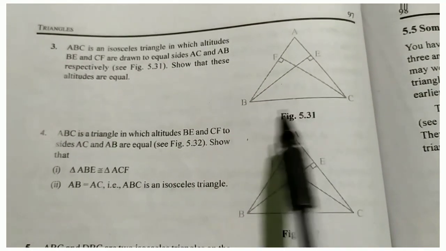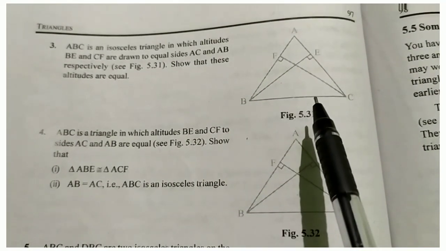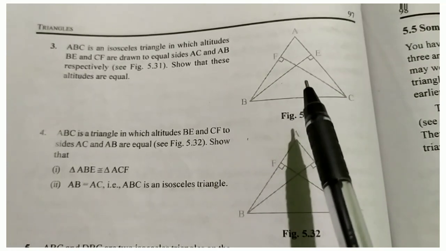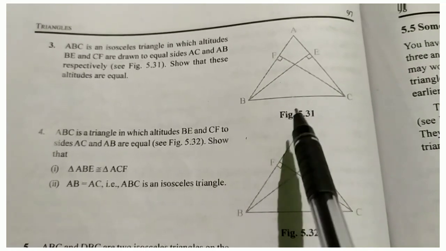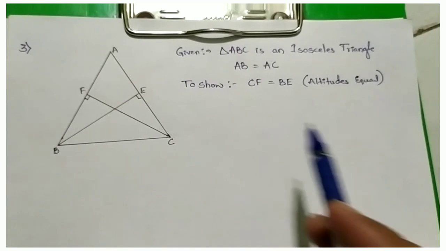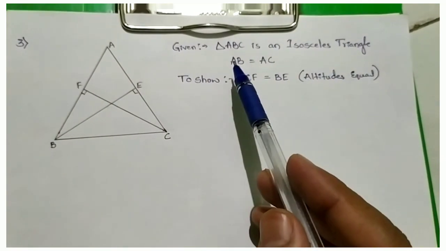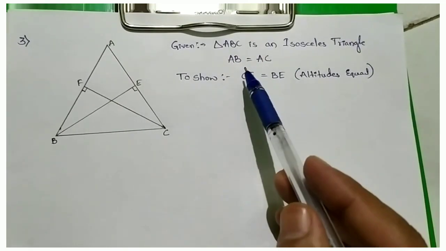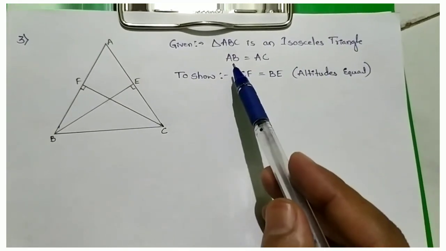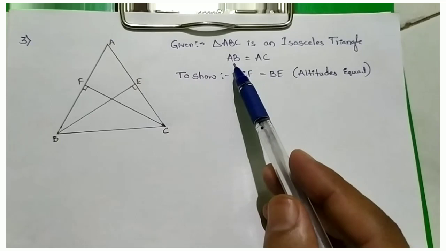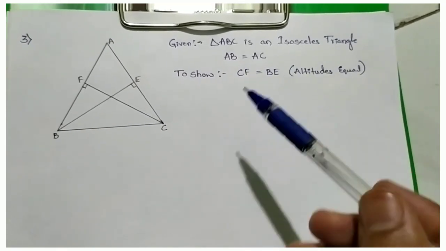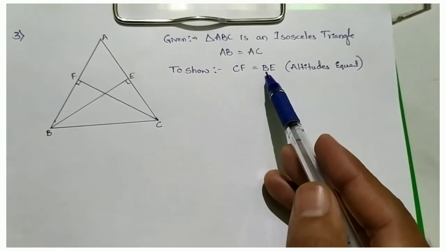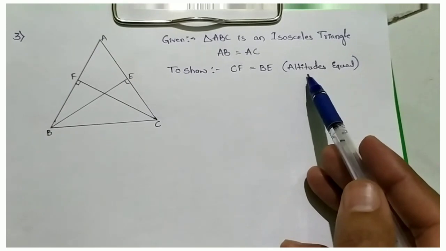Okay, already they gave that ABC is an isosceles triangle. So as per the condition we can start to solve this one. Write first, given triangle ABC is an isosceles triangle. Already they gave two sides are equal, that is AB equal to AC. We have to show that CF equal to BE, means equal altitudes.